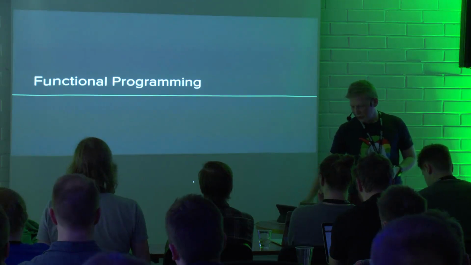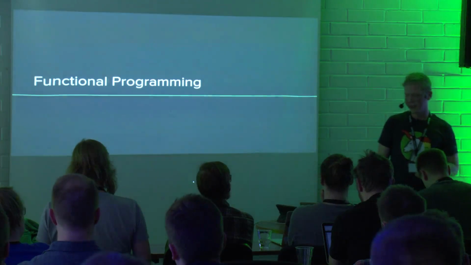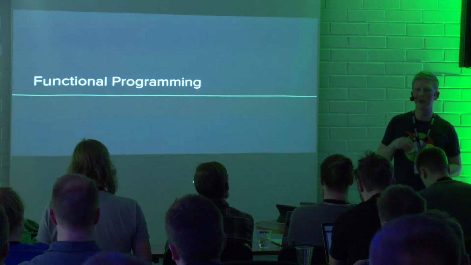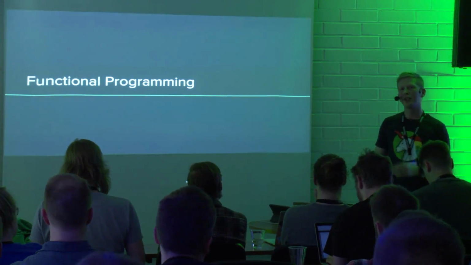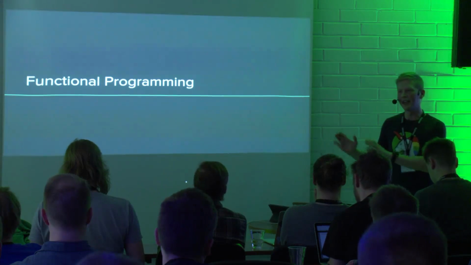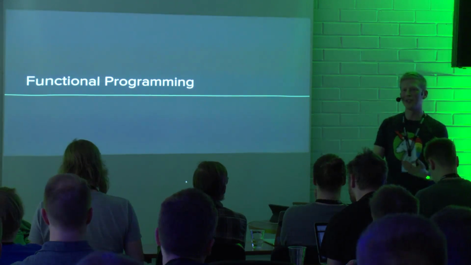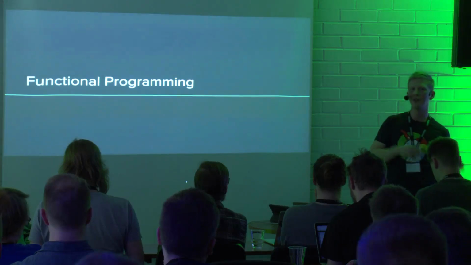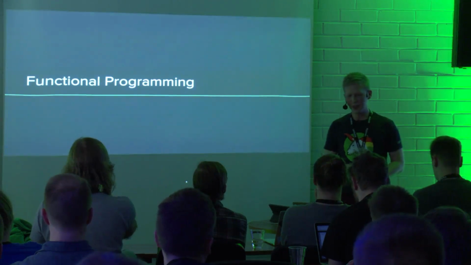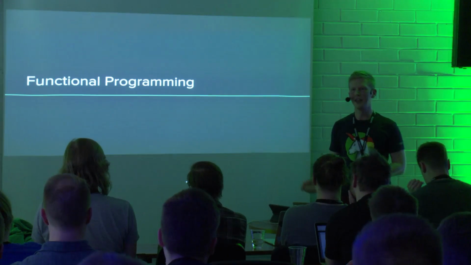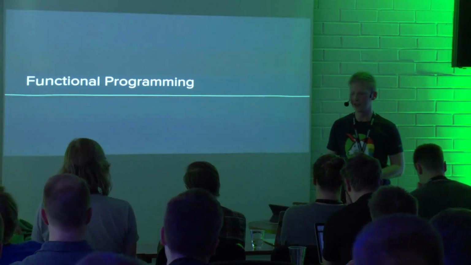So what is functional programming then? I think it's mostly about building small functions that take parameters, don't require anything else, and always return the same thing when you give it the same parameters. This makes it really easy to test and to refactor.